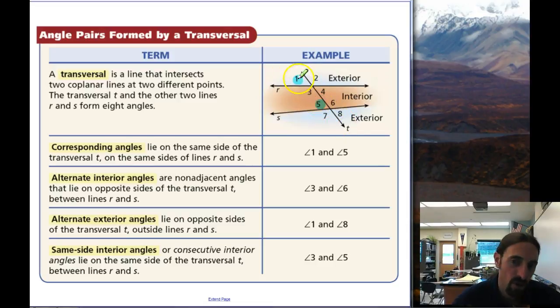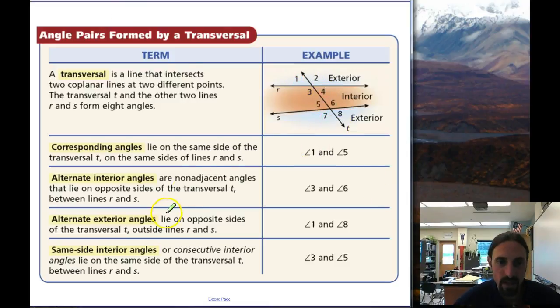You can think of it as the northwest corner of this intersection and the northwest corner of this intersection. 2 corresponds to 6. 7 corresponds to 3. And 4 corresponds to 8. Again, I like to think of it as northwest, northeast, southeast, southwest kind of thing. Those are your corresponding angles.